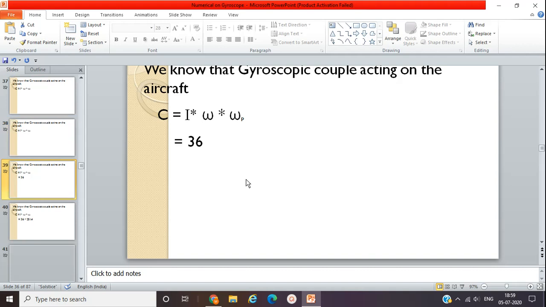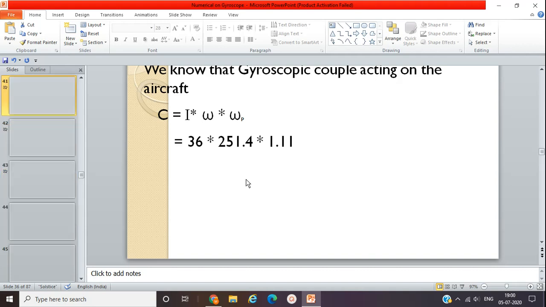So we have 36 into 251.4 into 1.11, the angular velocity of precession. All these values were calculated in the previous steps. So C equal to 100.46 Newton meter. In this way we have calculated the gyroscopic couple acting on the aircraft with the help of the given data.